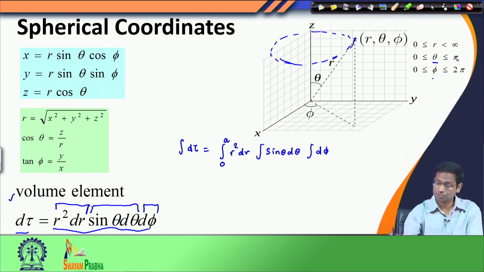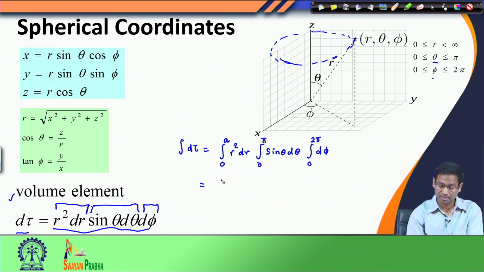Sin theta goes from 0 to pi. That means for a given value of r, I am taking the r vector from the z axis and bringing it all the way to minus z. So this is what happens from 0 to pi, and d phi goes from 0 to 2 pi. That means for each value of theta, I am making a precession around the z axis such that phi goes from 0 to 2 pi.